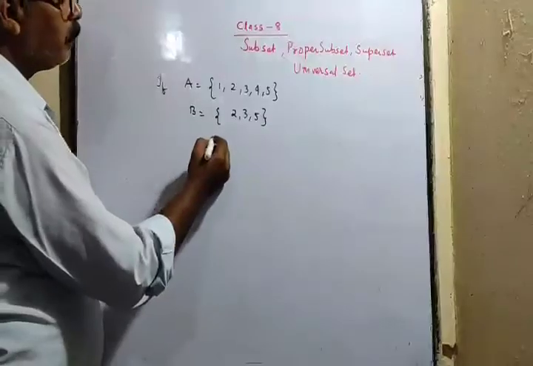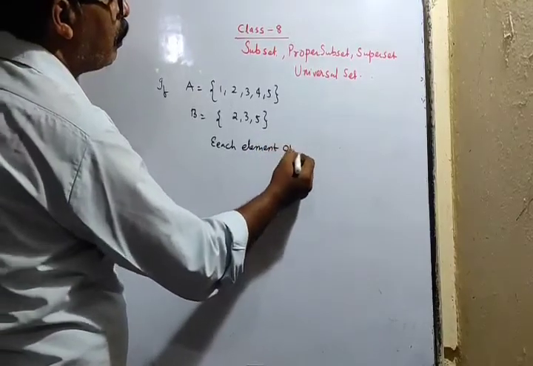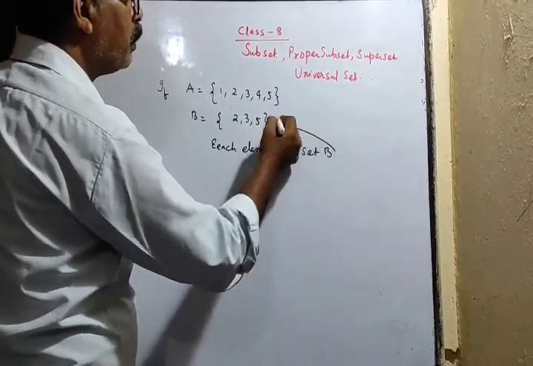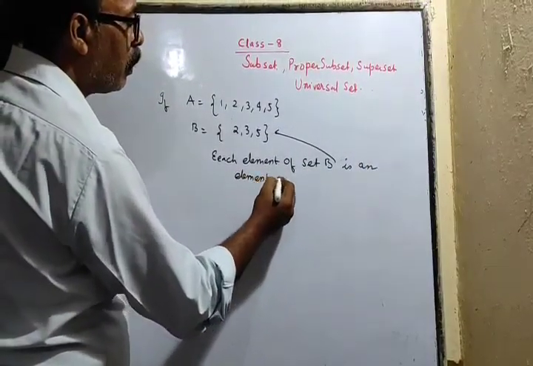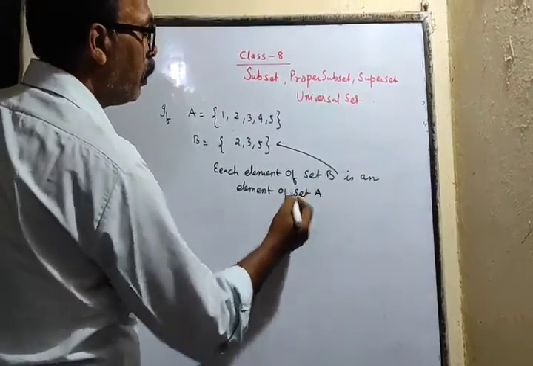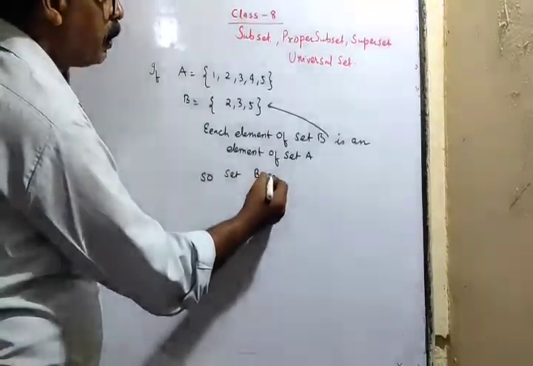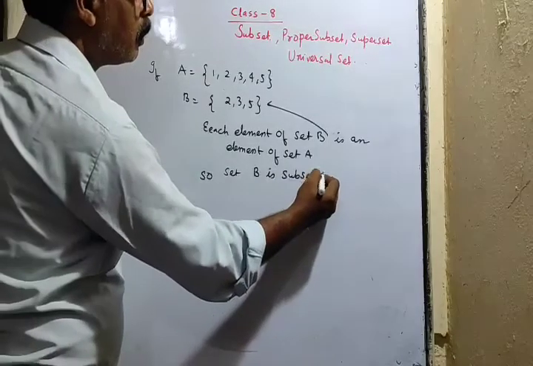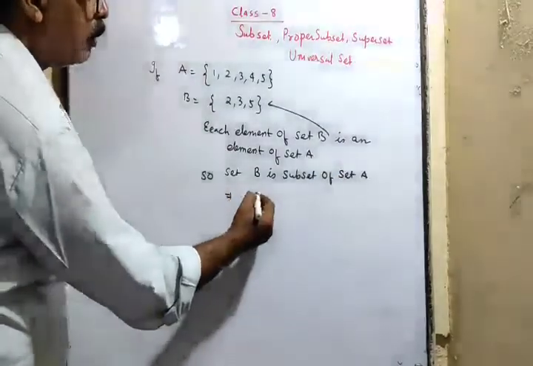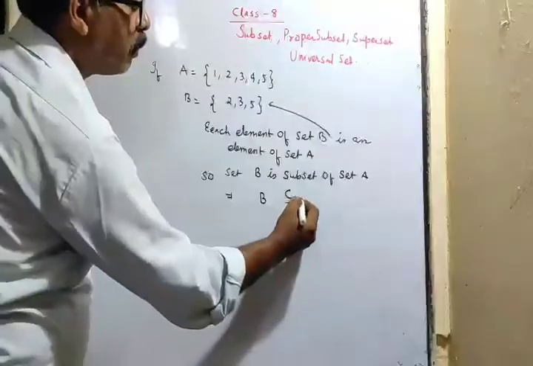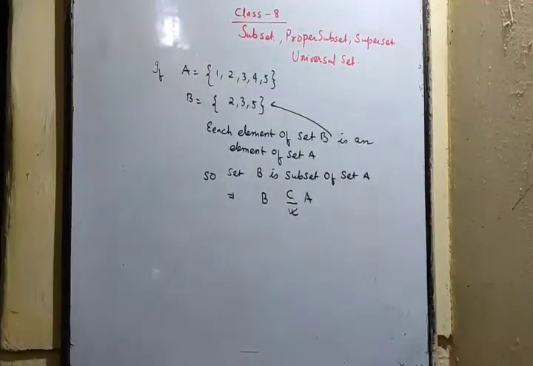So what we are finding: each element of set B is an element of set A. So we'll say set B is a subset of set A, and in symbol we'll write that B is a subset of A. This symbol is utilized to represent the subset.